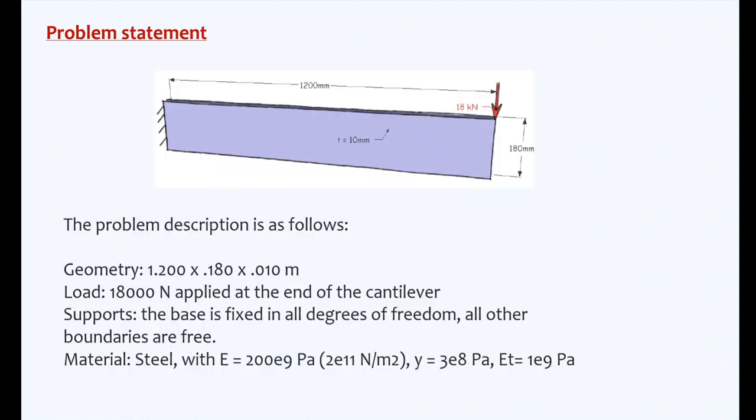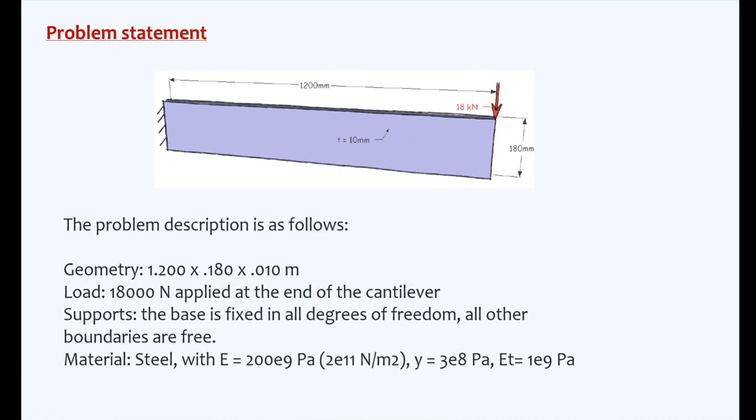So next, I'll directly go to the problem statement. We have a steel cantilever structure, fully fixed at one end, and at the other end we are applying a concentrated load of 18 kilonewton.